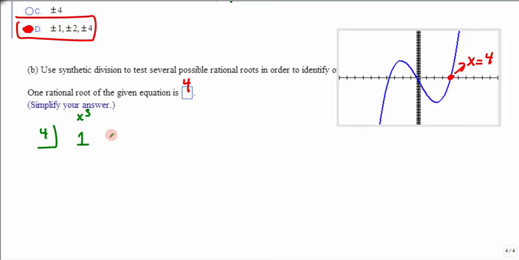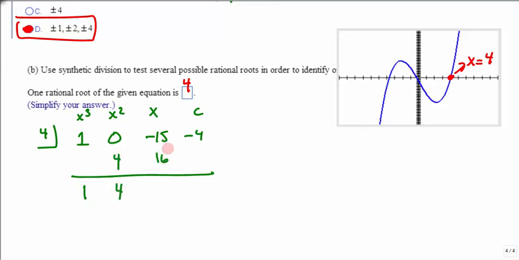There was no x squared. There was a minus 15x, and then there was a minus 4 for my constant. So I bring the 1 down, multiply up, add down, multiply up. Negative 15 plus 16 is 1. 4 times 1 is 4. Remainder is 0. So now my powers go down.